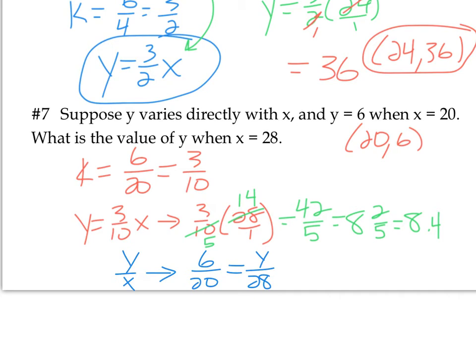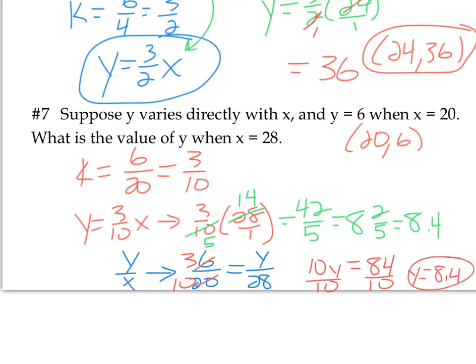And we could reduce this before we cross multiply, or we could just cross multiply the way it is. Since we've got calculators to use, that might help us out. But if we wanted to reduce it, again, that'd be 3 and 10. And then if we cross multiply, we'd have 3 times 28 and 10 times y, so we'd have 10y equals 84. Divide both sides by 10, and you get y equals 8.4.